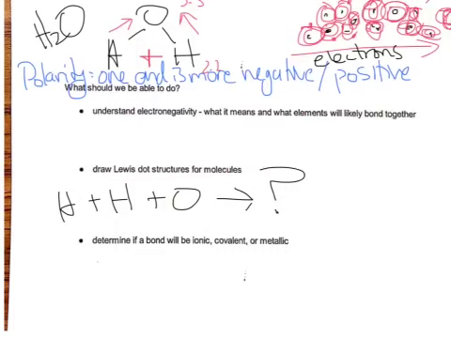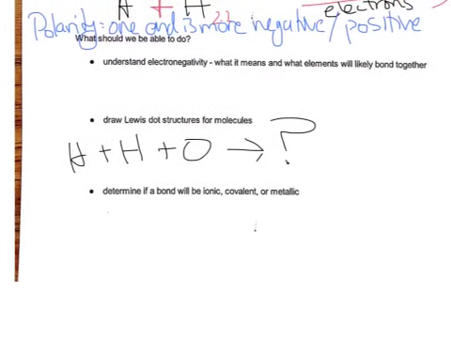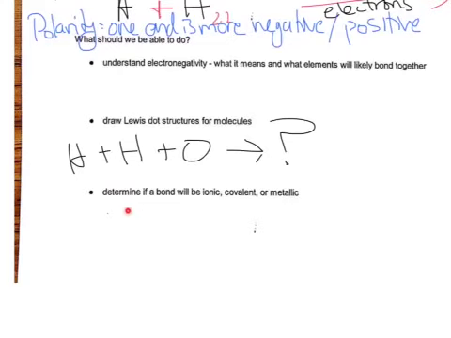And then lastly, determine if a bond will be ionic, covalent, or metallic. We talked about some basic properties, the difference in electronegativity, greater than 1.7, less than 1.7. And we talked about between what types of atoms these happen: between metals, between nonmetals, and for ionic, between a metal and nonmetal.